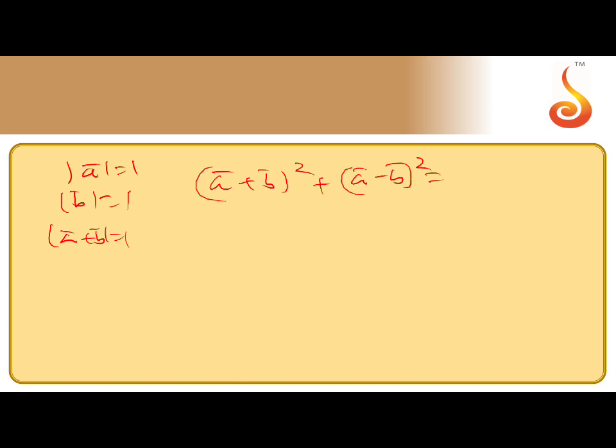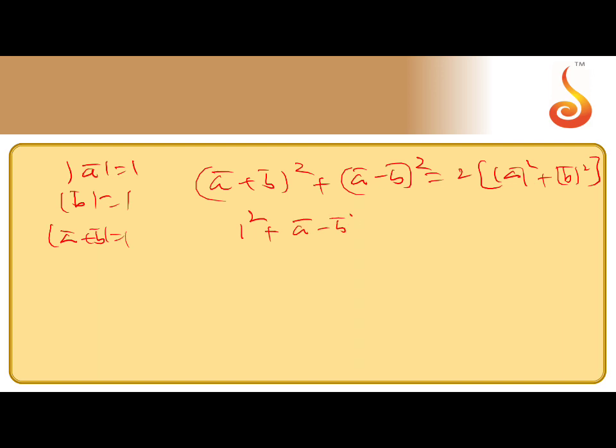So here modulus A is 1, modulus B is 1, modulus of A plus B also 1. We have one formula: (A bar plus B bar) whole square minus (A bar minus B bar) whole square equal to 2 into (modulus A square plus modulus B square). So (A bar plus B bar) whole square means modulus of A bar plus B bar, that is equal to 1 square.